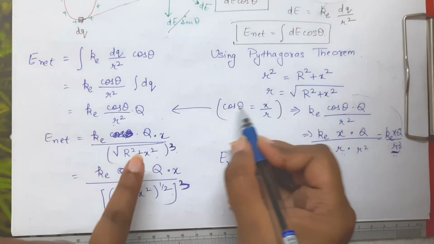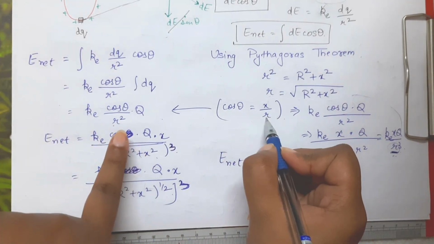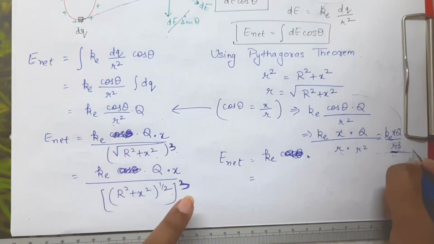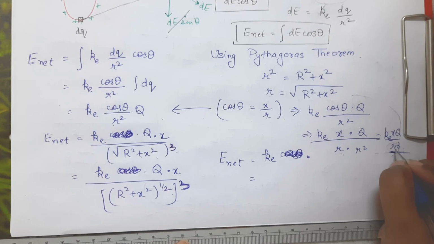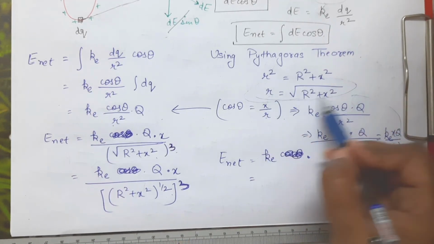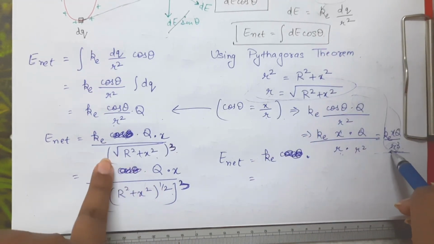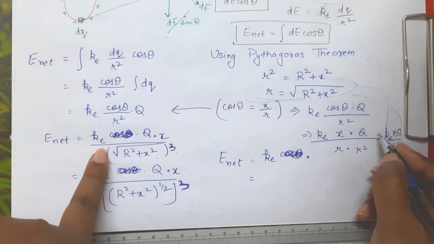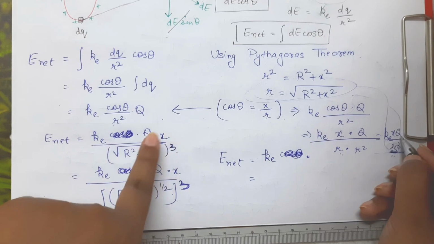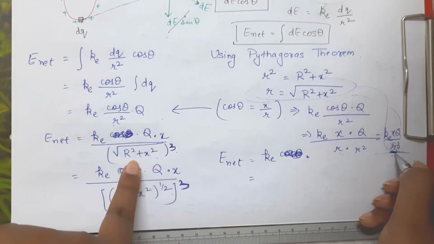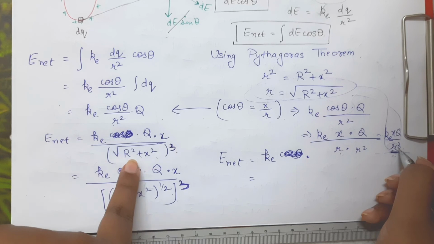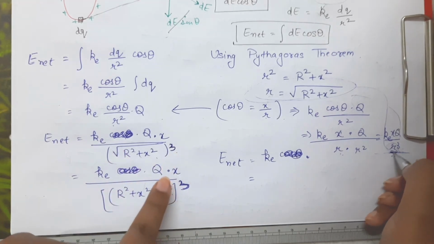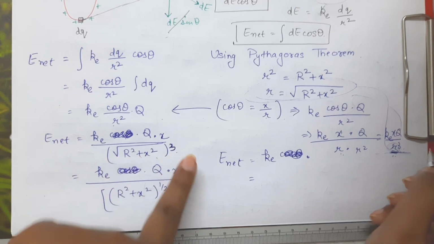So basically substituting the value of cos theta as x by r, you will get this relation here. And now you have to substitute the value of r from here to here, so you will get this one. So it will be KE into x into Q divided by, instead of small r we have written root under r square plus x square to the power 3, because it was r to the power 3. So it will be this one to the power 3.